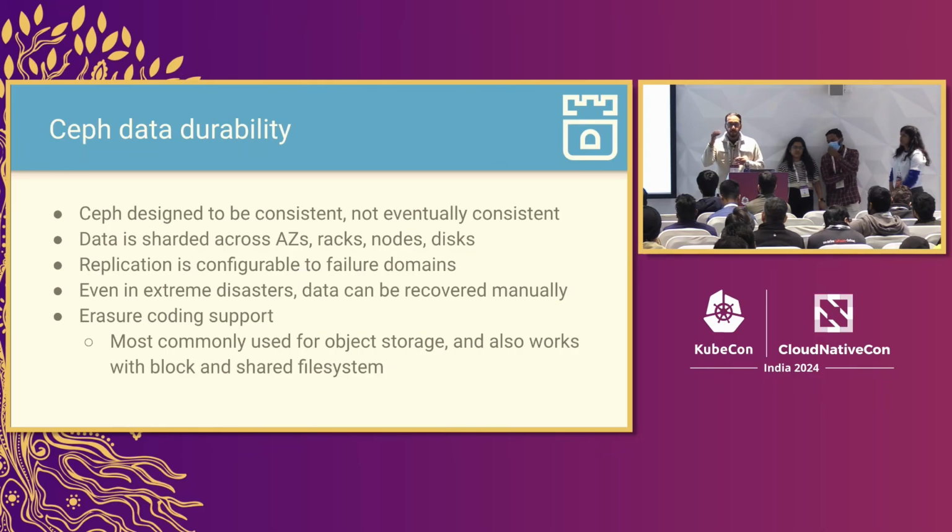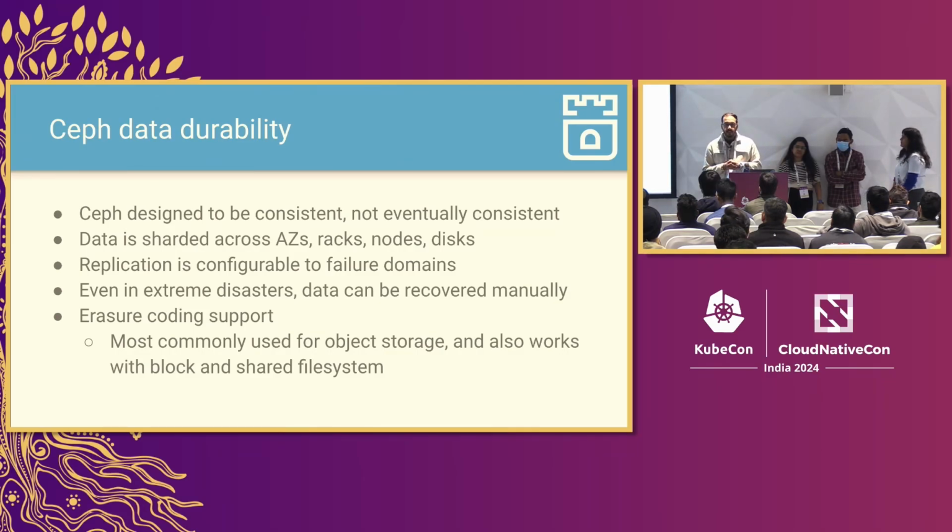And you can have replication between the different availability zones that you have. So the data coming in will go to multiple zones at the same time, and it will be replicated internally. So if there is some impact or disaster, the data will still be secured. So it's more about how data resilient it is. And even in an extreme disaster, you can recover it manually.